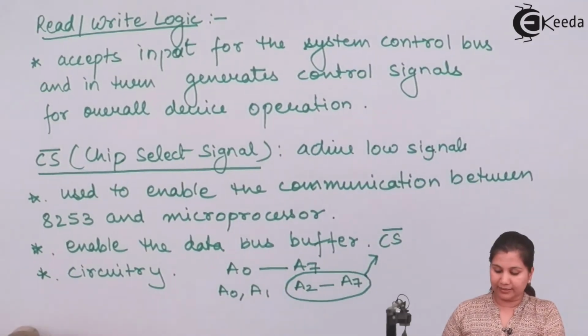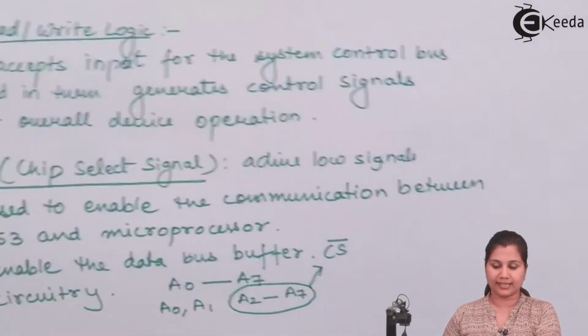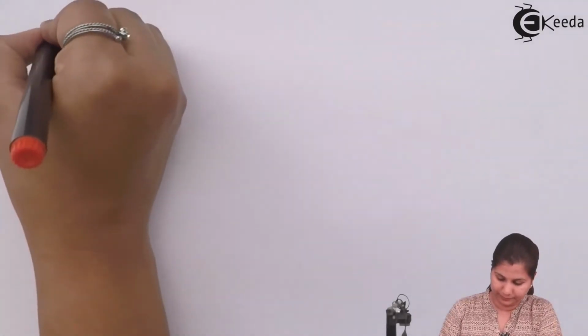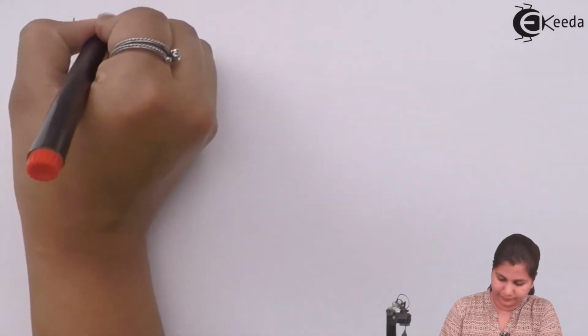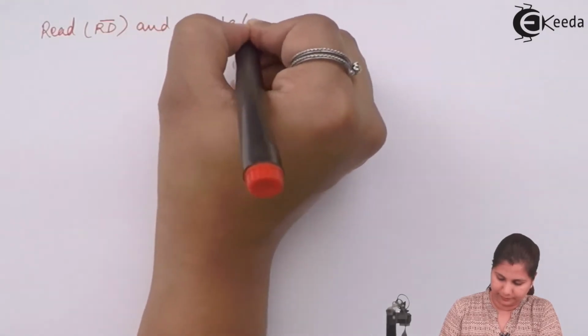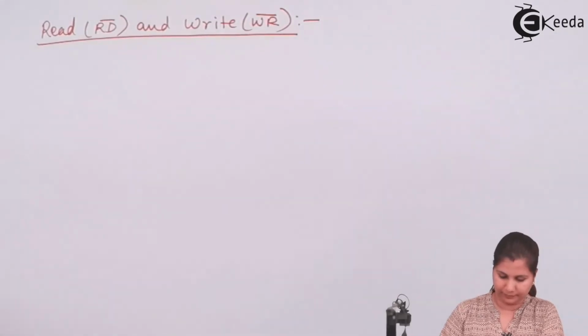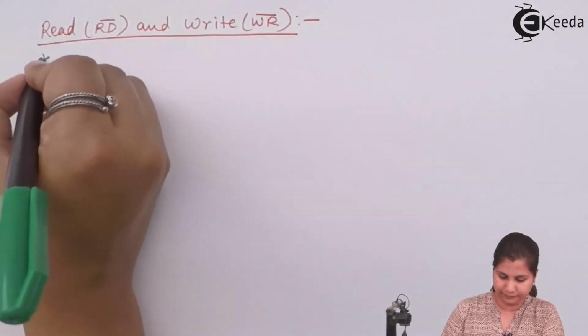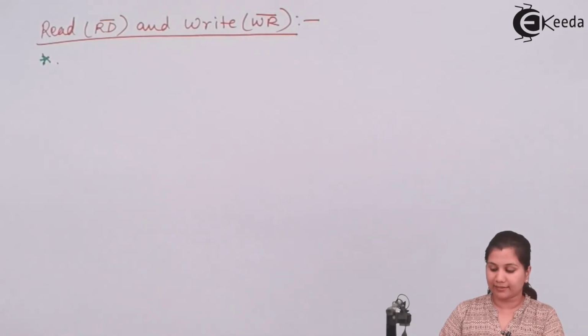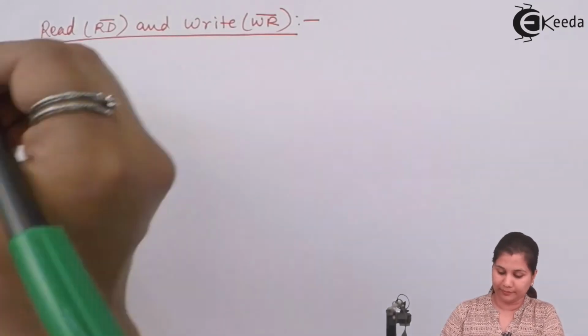Now the next signals in the read and write control logic are the read and write signals. The read and write signals control the direction of data transfer between the 8253 and the microprocessor.